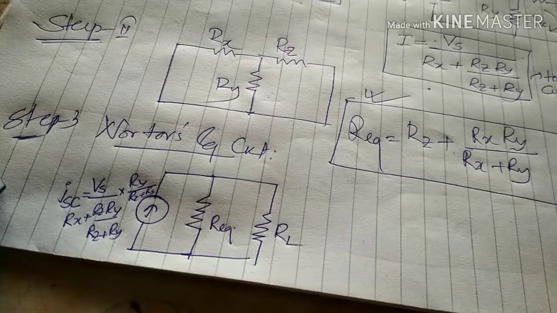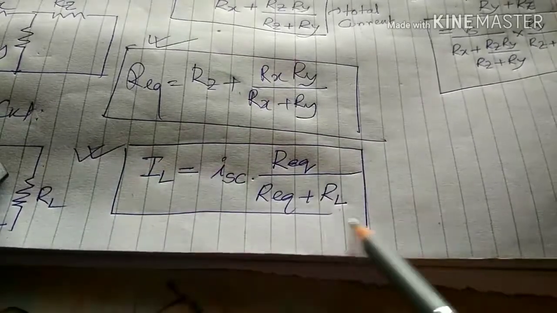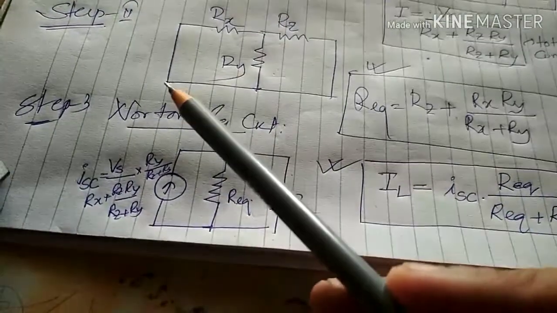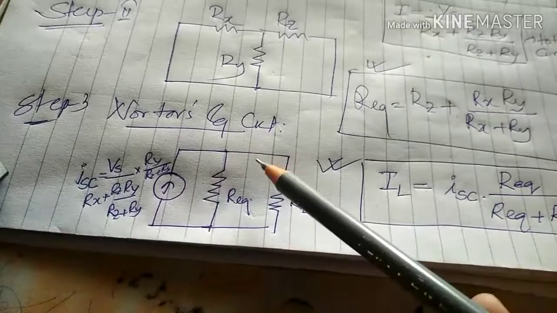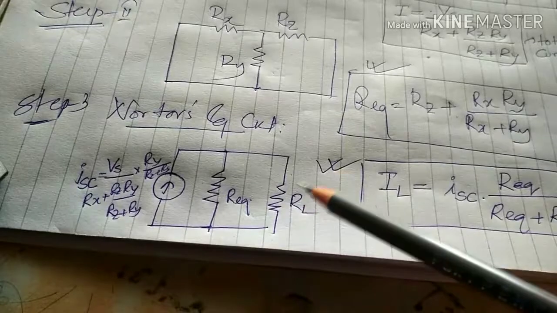Now calculate the current through the load resistance. This is the current through the load resistance, because the total short circuit current ISC is divided between R equivalent and R load.